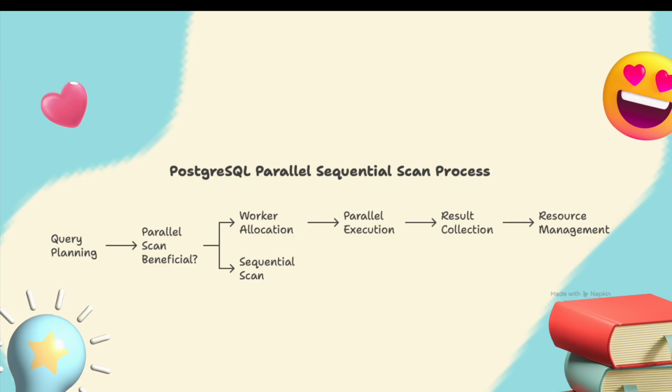The number of workers is limited by max_worker_processes, which by default is 8, and another parameter is max_parallel_workers_per_gather. For planning, the cost of launching workers is parallel_setup_cost and the cost of transferring tuples is parallel_tuple_cost.